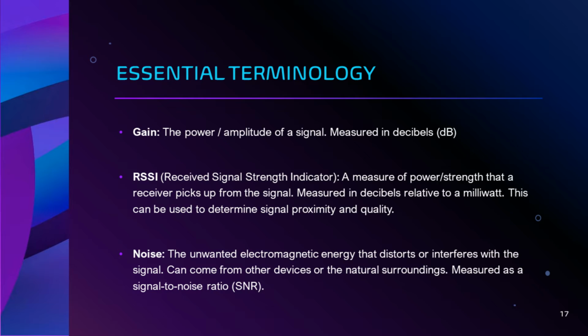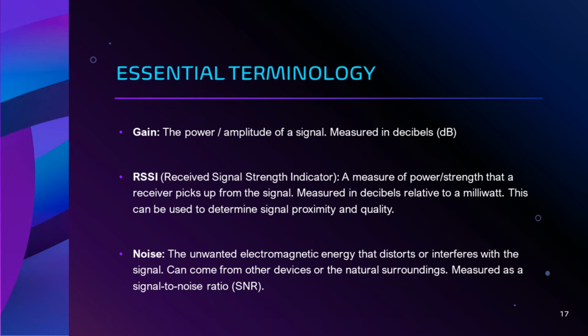RSSI, you'll be using this a ton. This is your received signal strength indicator, and it's a measure of the strength that the receiver can pick up. This will be used for seeing the proximity of the signal, and it can also show you quality. Quality is not really the right word to use here, but it'll let you know how strong a signal is.